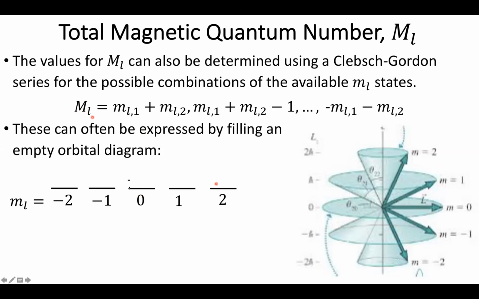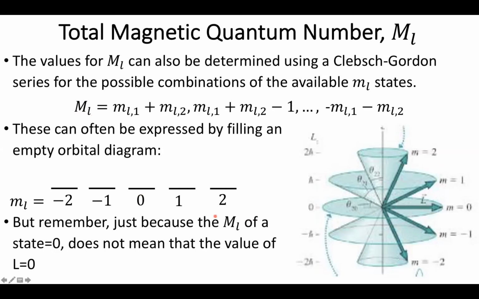Now, one of the things that I do want to emphasize is that just because my total magnetic quantum number is 0 does not mean that the value for my total orbital angular momentum is going to be 0. A good way of thinking about this is I can have both of my electrons in this 0 state, which means that both of their orbital angular momenta are pointed in the xy plane.